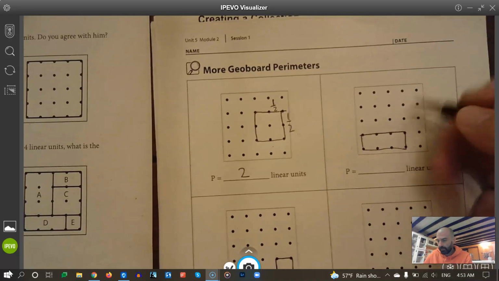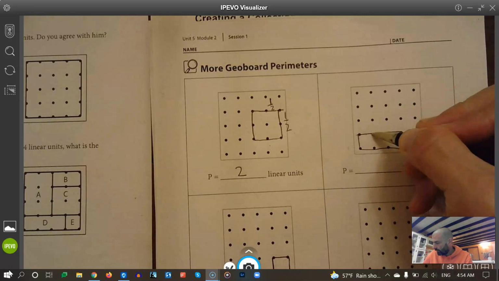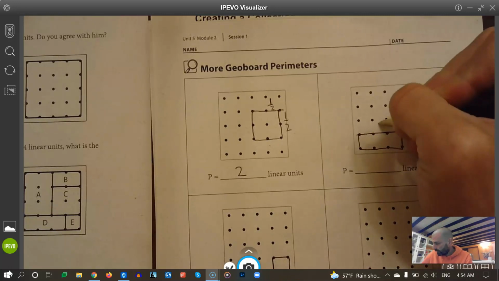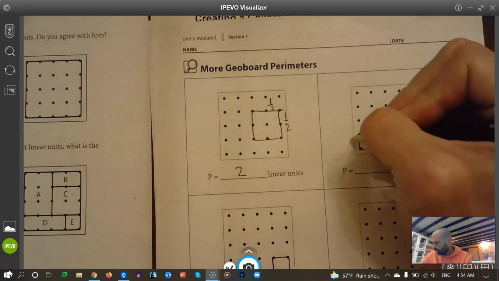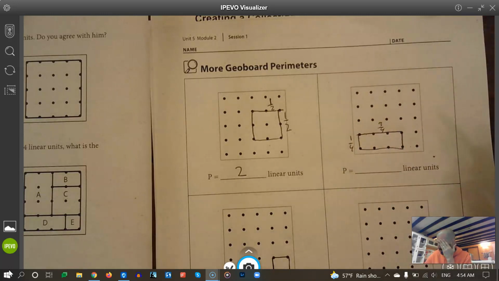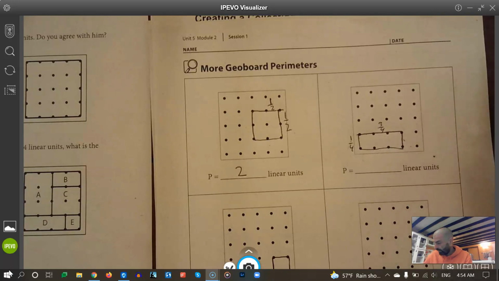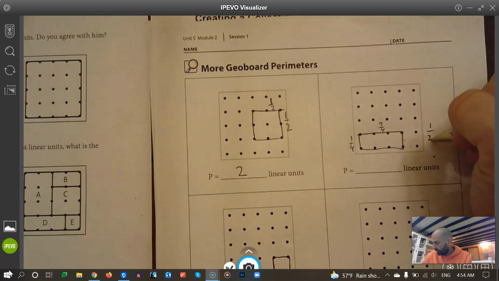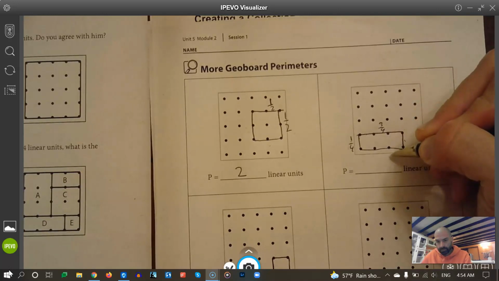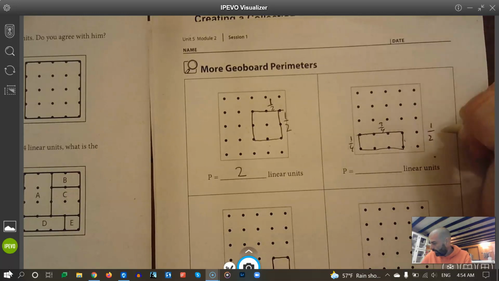Moving on to our next rectangle. So again, we have 1/4, 2/4, 3/4 by 1/4. So we have 1/4 plus 1/4, which is 2/4 or 1/2. 3/4 plus 3/4, which is 6/4 or 1 1/2.